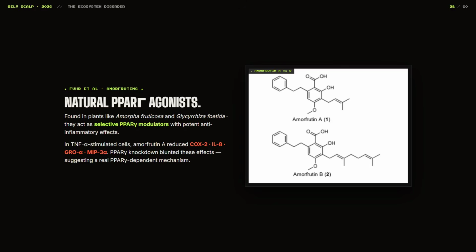In fact, I don't think there are any topical amorphodins at all, and this will change. If oily scalp, seborrheic dermatitis, folliculitis, and some inflammatory alopecias involve lipid dysregulation plus immune activation, then a selective PPARγ modulation deserves way more attention than what it currently gets.